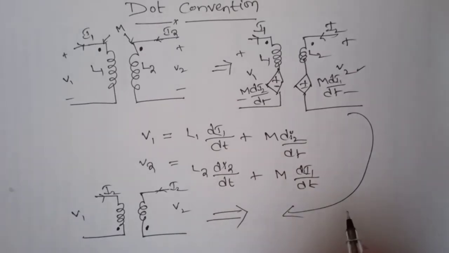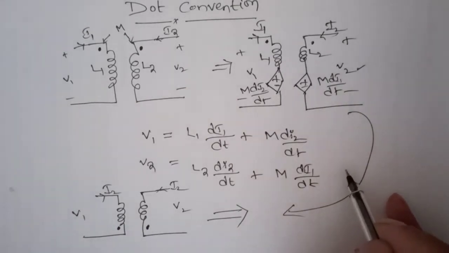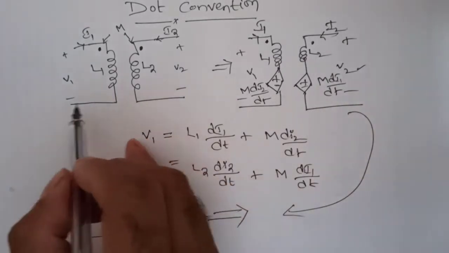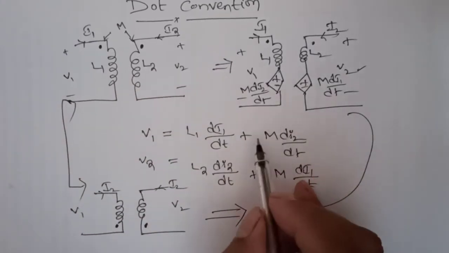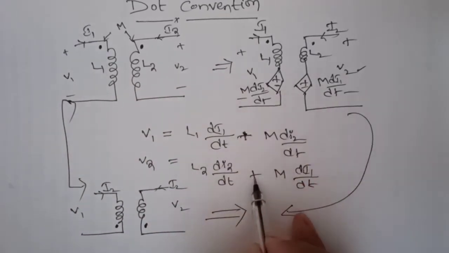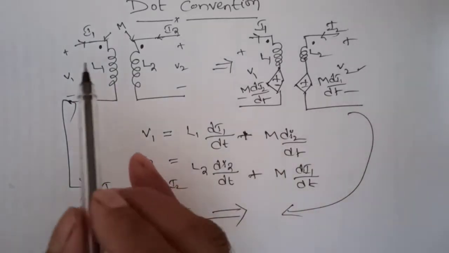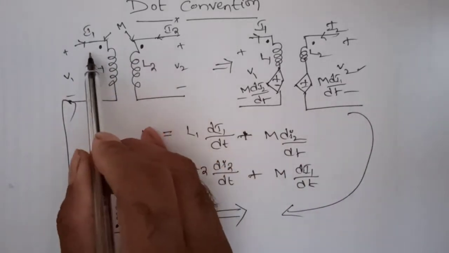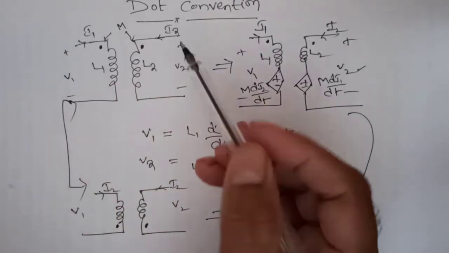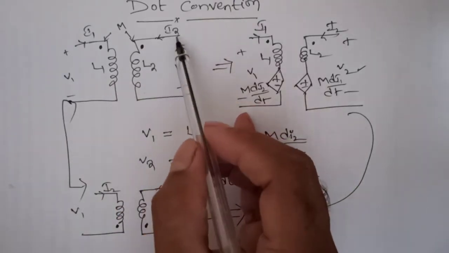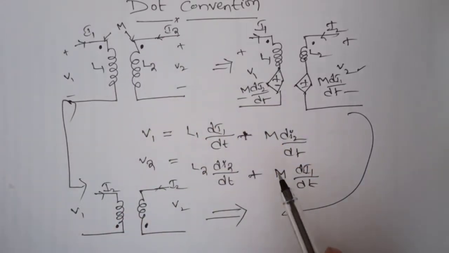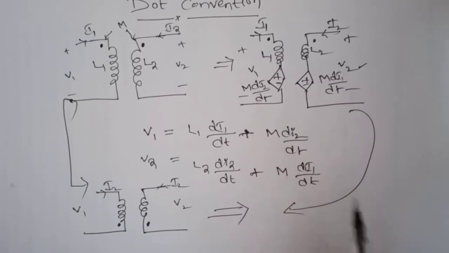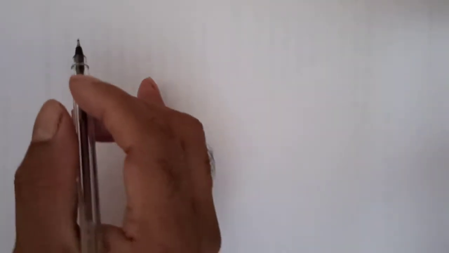Then the voltage equations of V1 and V2 will be the same. So for these two cases, the mutual inductance sign of the induced voltages will be positive. If one dot is entering and one is leaving, or vice versa, for example the second coil is entering and the first coil is leaving, the mutual inductance sign will become negative. Let's see that configuration.